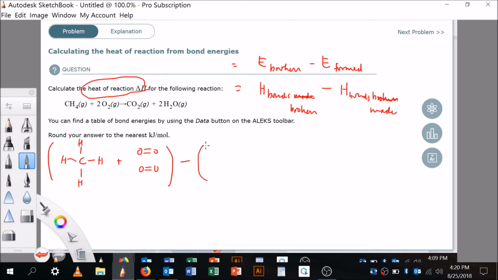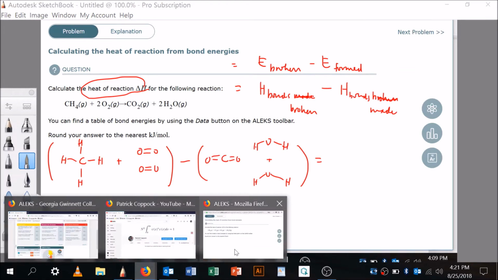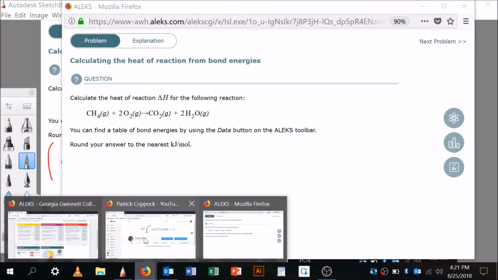And you've got to subtract from it carbon dioxide and water. Okay, so all I got to do is look up those numbers, make sure I'm careful with that, and I'm done. It's relatively simple if you know what the structures of the molecules are. That's maybe the sticking point.